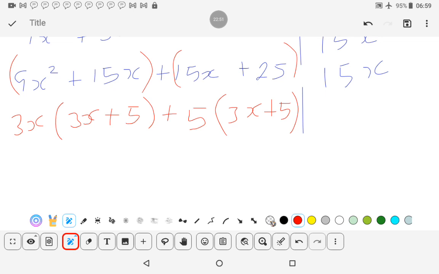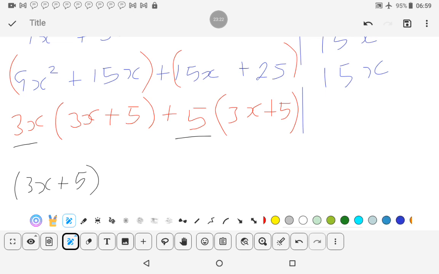The numbers outside the brackets are 3x and plus 5. So we bring 3x plus 5 out, then we multiply it with the numbers inside the brackets.